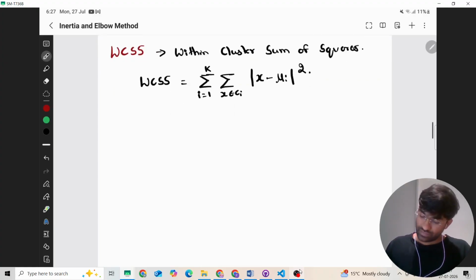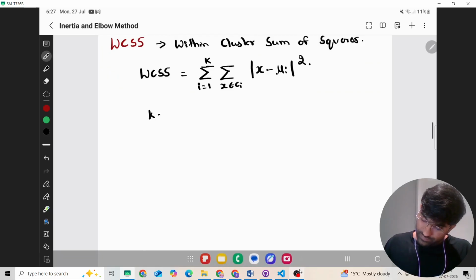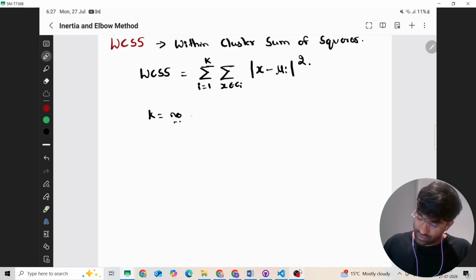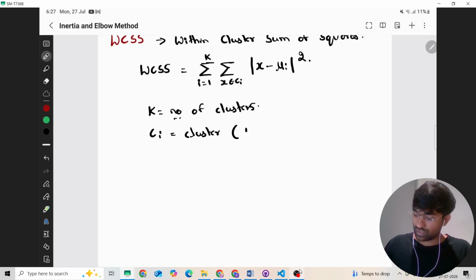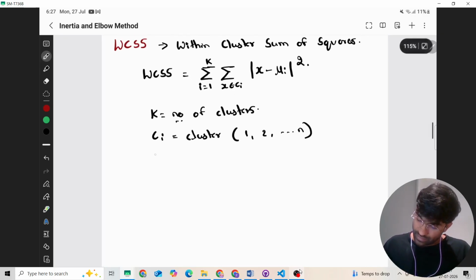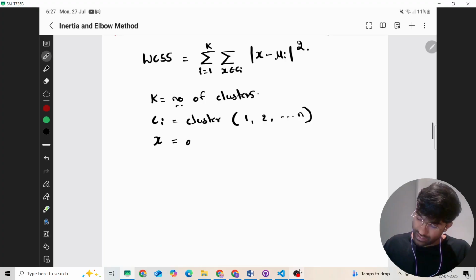K is the number of clusters. Ci is a cluster, whether cluster 1, cluster 2, or cluster 3 up to n clusters.